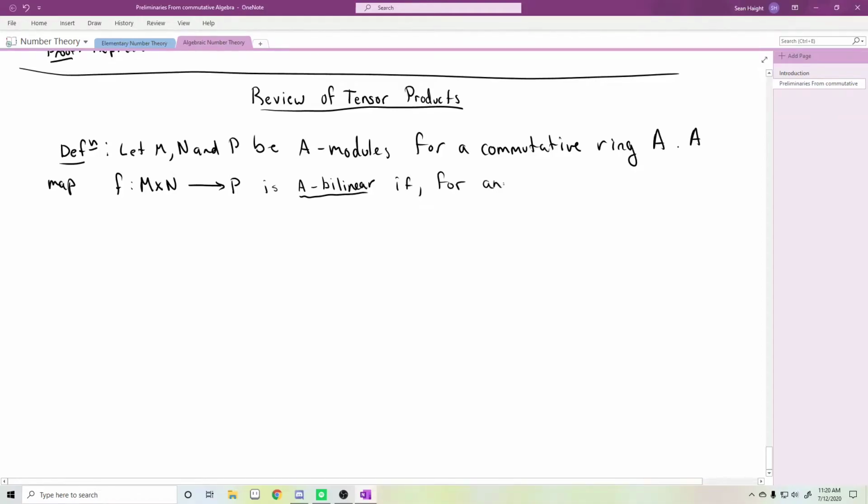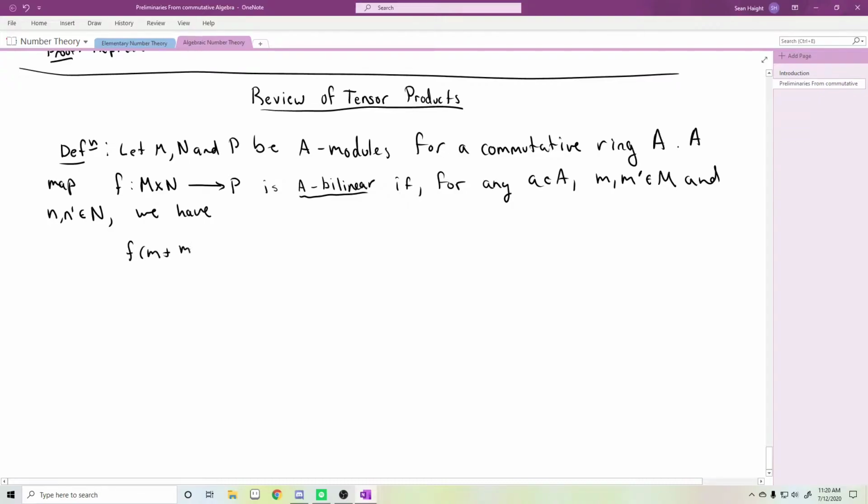Okay, if for any a in A, m and m prime in M, and n and n prime in N, we have essentially three equalities between all of these things.